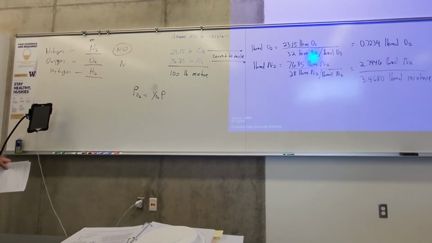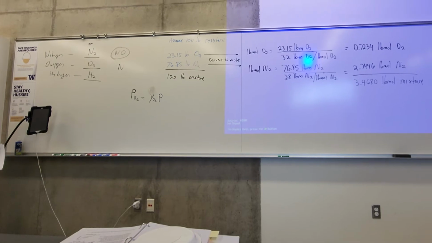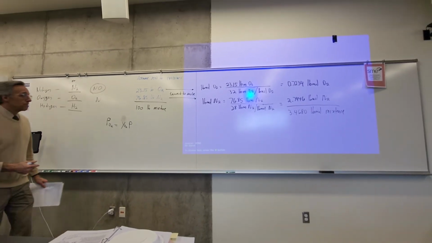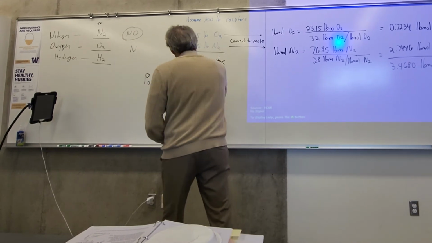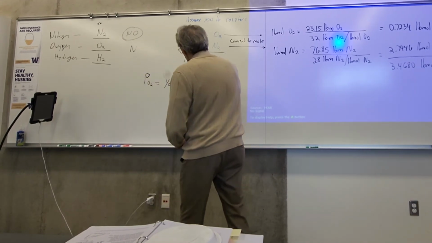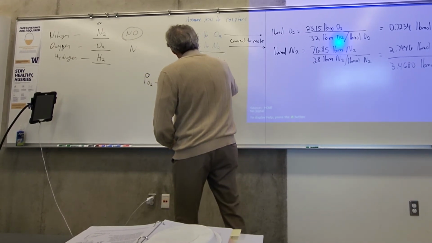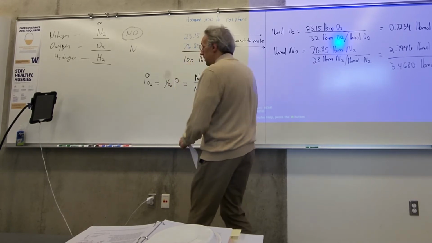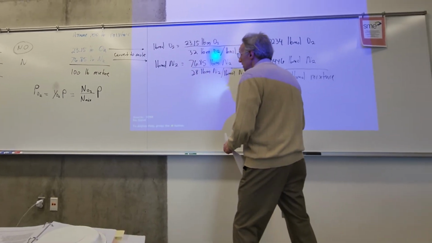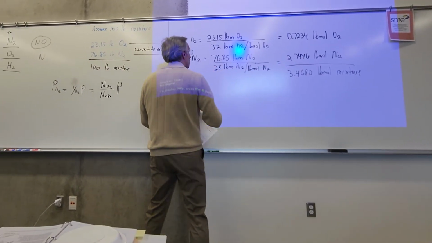That's the definition of partial pressure for an ideal gas, or a mixture of ideal gases. So we could also write this as the pound moles, or moles, of O2 over the moles of mix times the total pressure.